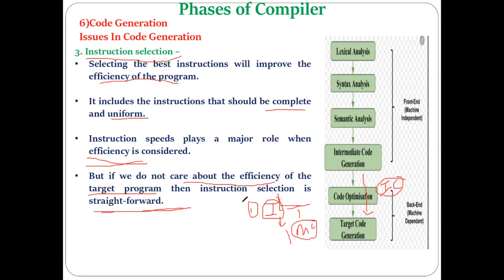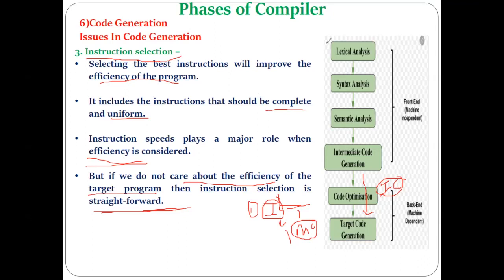So if these things are considered, then definitely the target code that will be generated will be efficient target code. And if you don't compare the machine instructions for each intermediate code instruction, and do it in a straightforward way without thinking about which is better than the other, then your target code will still be correct, but it may not be an efficient target program.